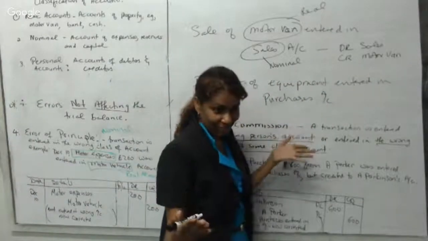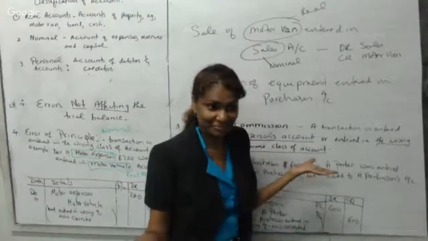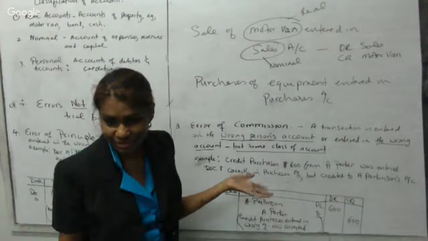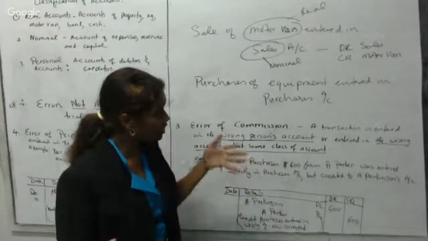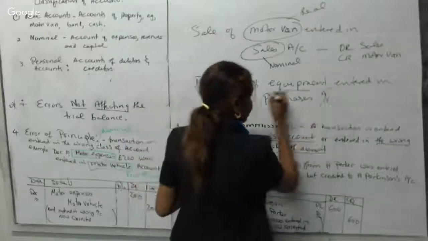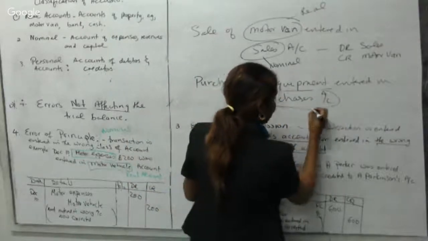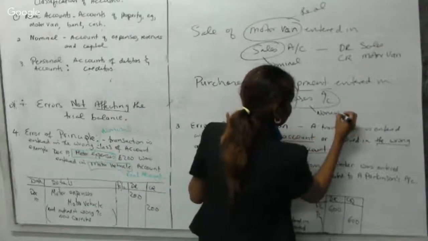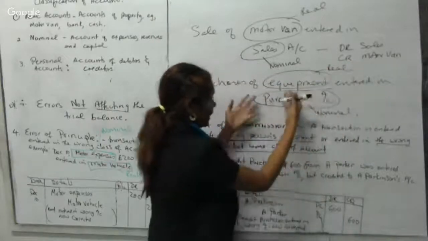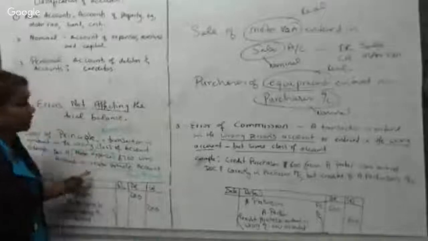We remember, but some people don't. So anything they buy, they put into purchases, which is wrong. The only thing that goes to purchases is purchase of stock. Here again, your purchases account is a nominal account and your equipment is a real account. So if you make an error like this, it has to be an error of principle as well.